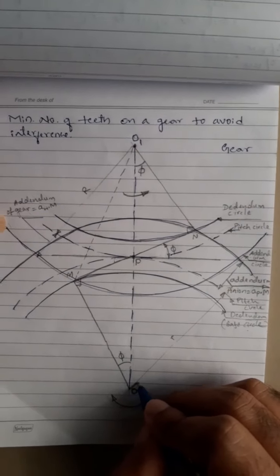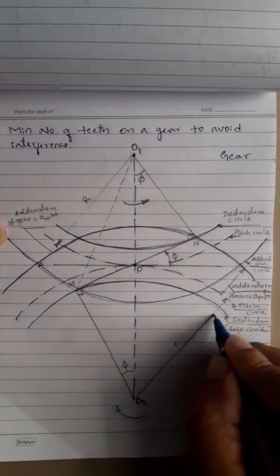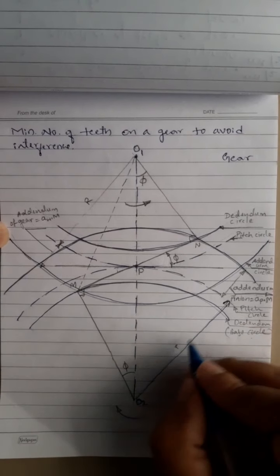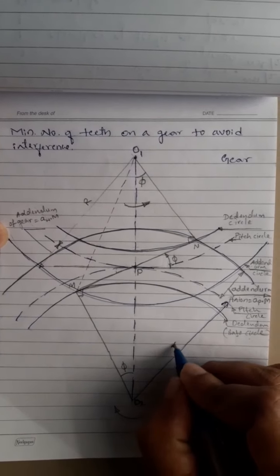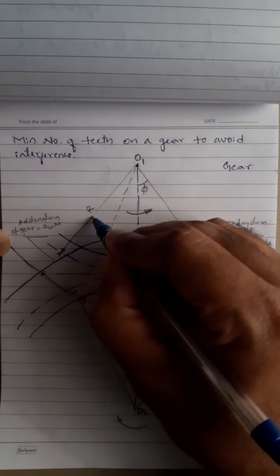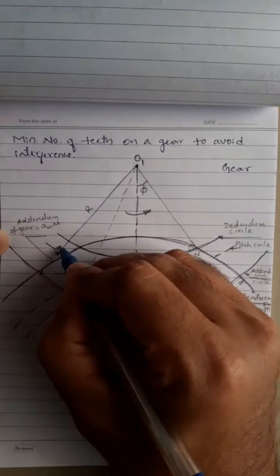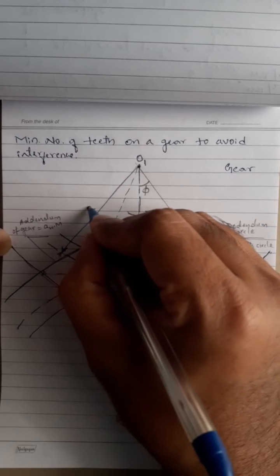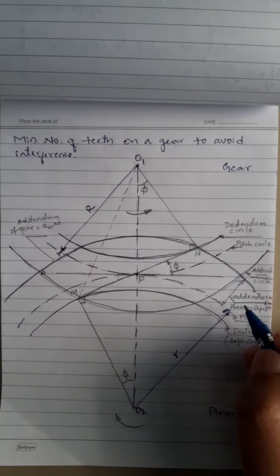The radius of the pitch circle of the pinion is given by the symbol small r, and similarly the radius of the pitch circle of the gear is given with capital R.